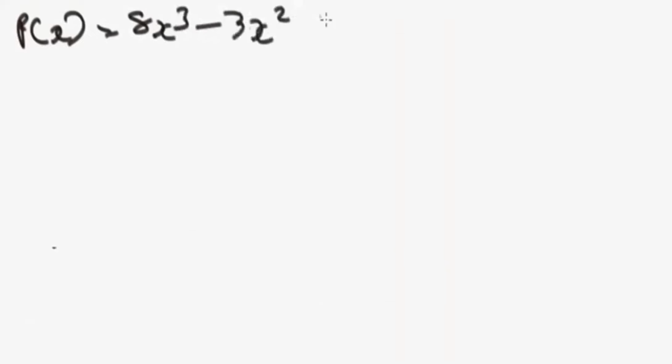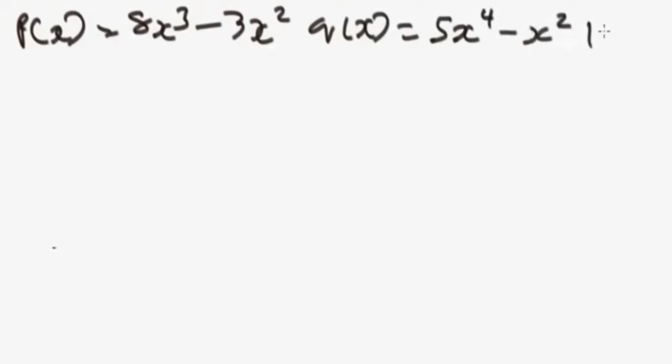So for the product, we have p of x equals 8x cubed minus 3x squared, and q of x we have to be 5x to the power 4 minus x squared plus 1. So we have to find p of x times q of x, that's the product.